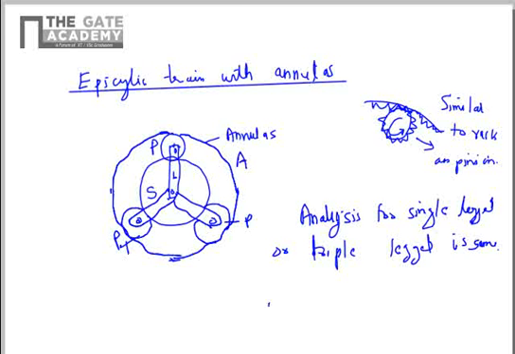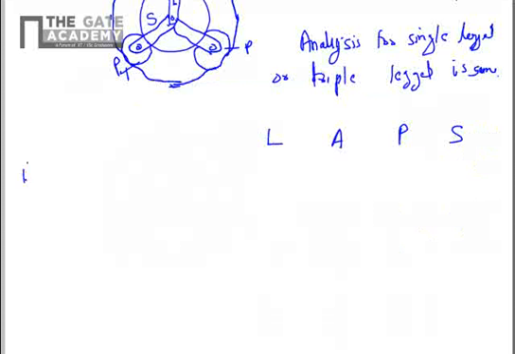So we'll make a table for all the gears. We have the leg L, then A the annulus, P the planet, and S the sun. The first step towards the derivation is to turn the entire gear train frozen.